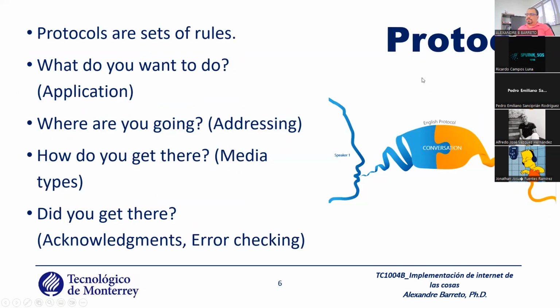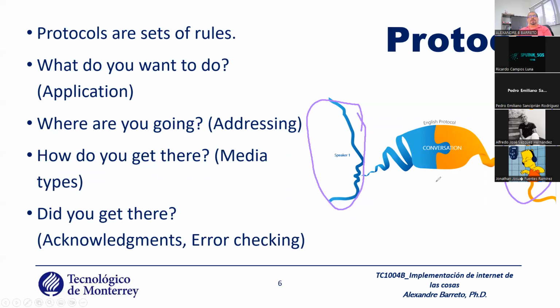One important concept in the network is the protocol. To understand protocol, think about two people talking. For example, in our case, I'm Brazilian and speak Portuguese. You are Mexican and speak Spanish.